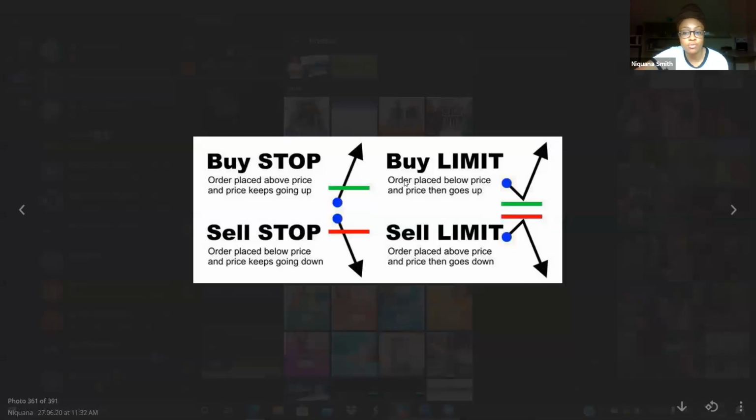Because for me, when I first joined, pending orders was a little confusing. So once again, you have this entry price here that you set from some kind of analysis that you've done. And you're waiting for price to hit this entry, activate, place you in the trade automatically, and then you're expecting price from your analysis to continue to buy up.